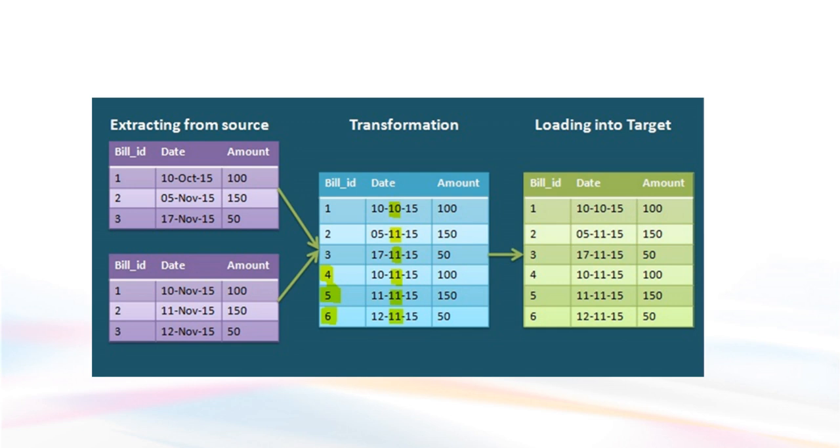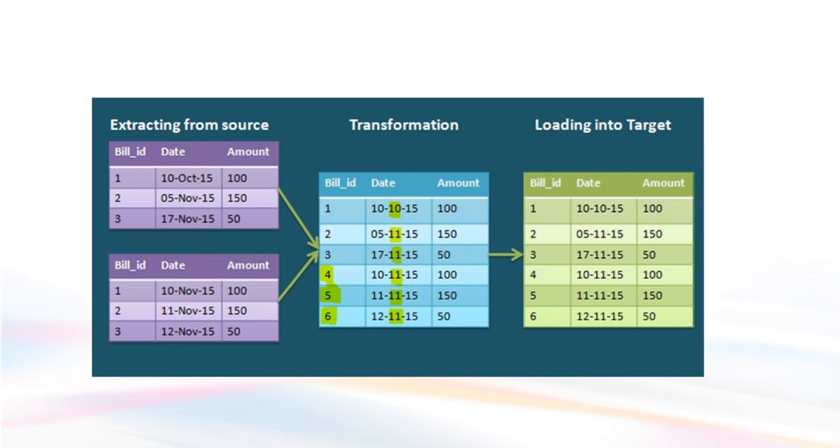From this we need to extract the data, and then there is transformation. So what is transformation? If you combine this data and put it in one table, the order will come like 1, 2, 3 as the first records, and 10, 5, and 17. The first three records come from the first table with the amount mentioned, and the second records 4, 5, 6 come as the date field.